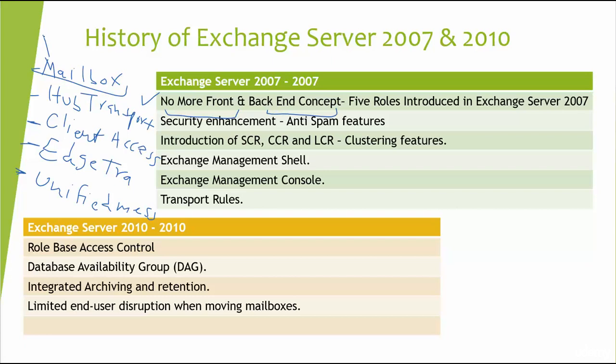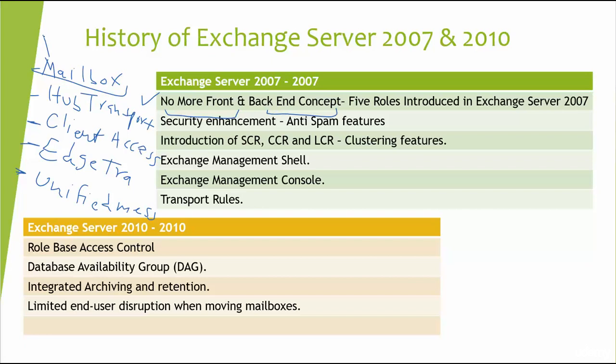Most organizations at that time, when they had Exchange Server 2007, and they still have Exchange Server 2007, were making sure that the cost of their implementation or design is not going to go high. That's why they were using hub transport for both internal and external email transportation.